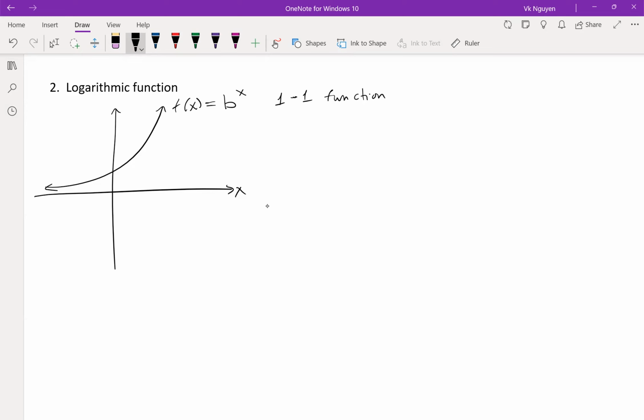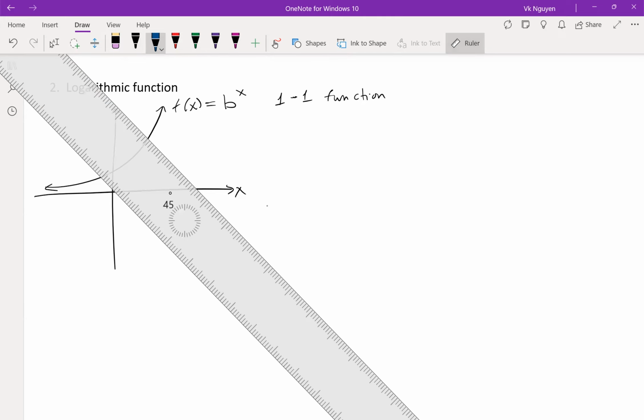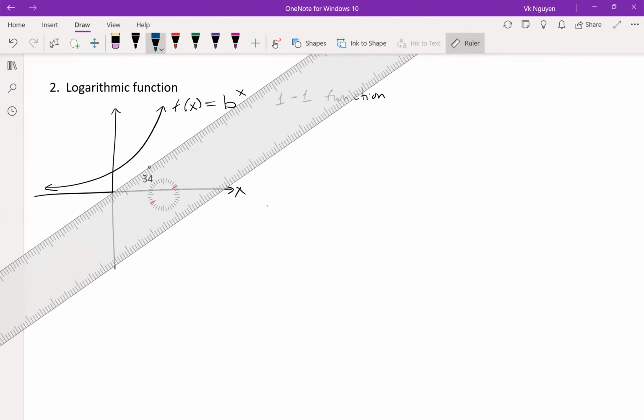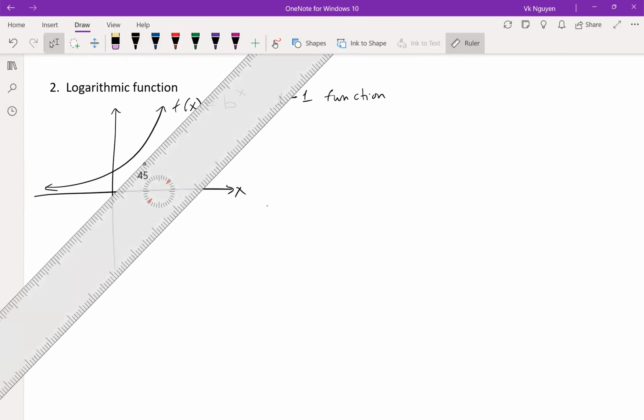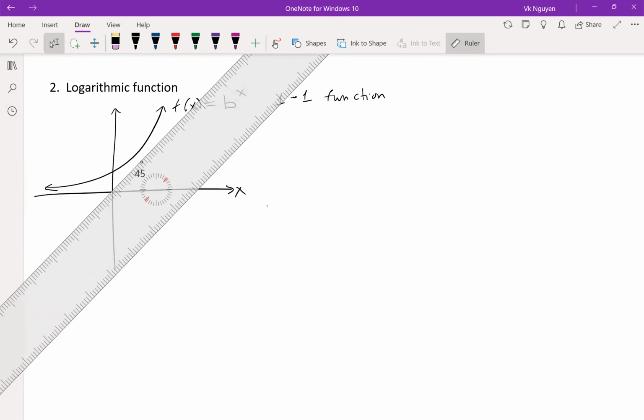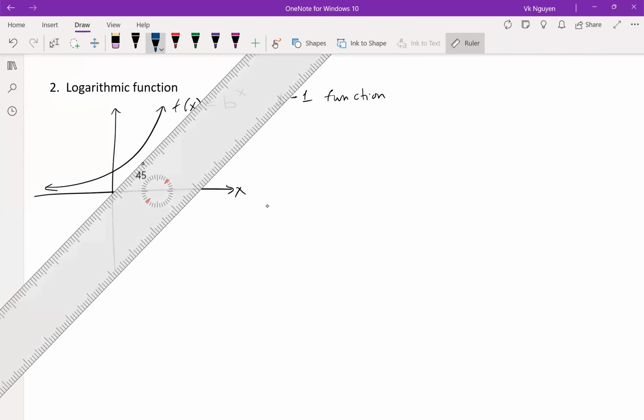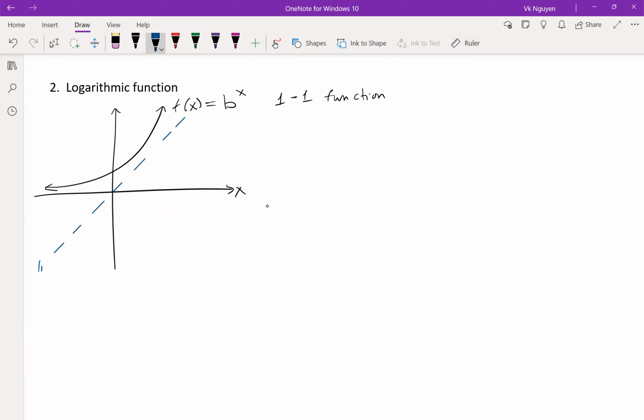If it's a one-to-one function, of course, it's going to have an inverse. And the inverse is going to be a reflection over the line y equals x. Do the reflection.